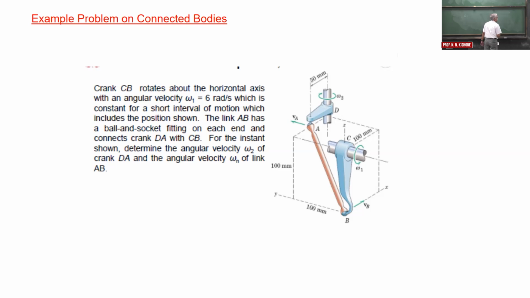And the velocity of B can be found out from C. So it is omega 1 cross the position of B with C. And similarly, we can find the next one, or we'll call it as 3.